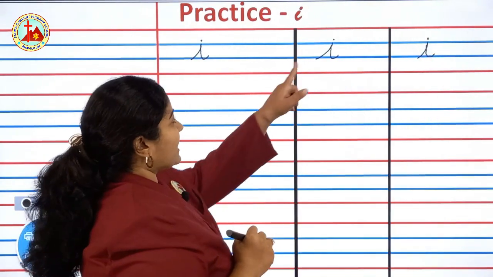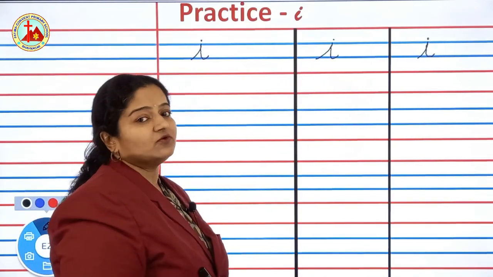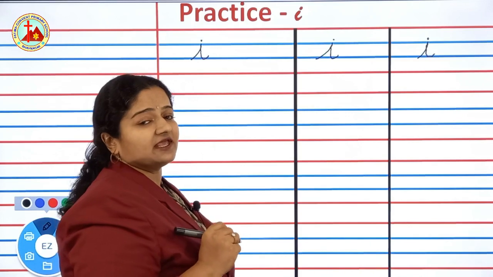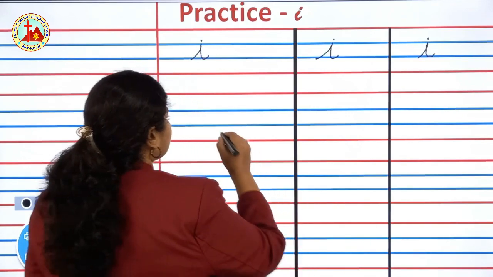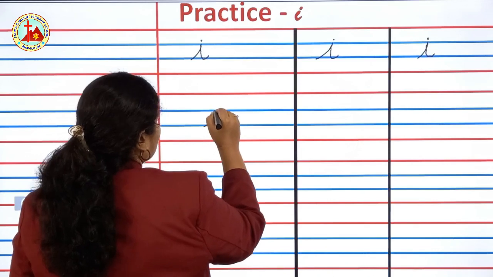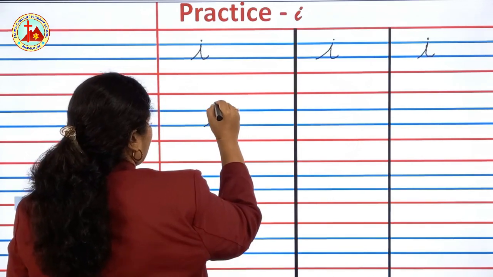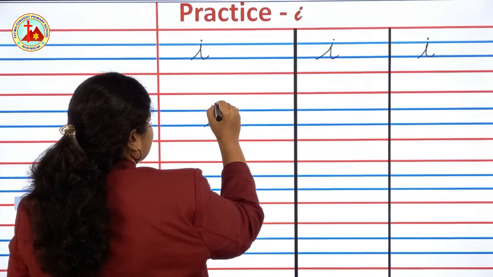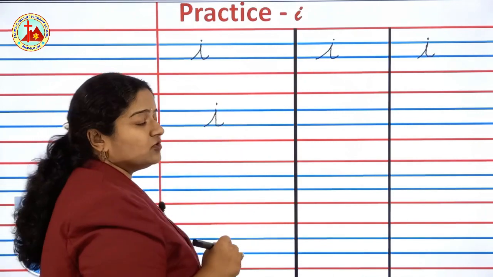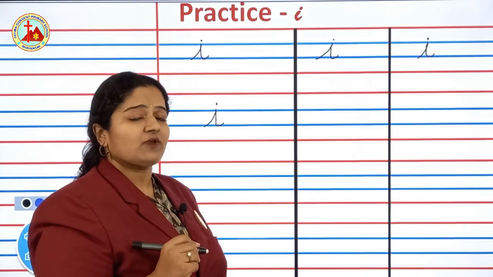See, you have to write in 2 blue lines. Don't go out of the blue lines. Okay, otherwise Miss will mark it wrong. One more time. Down blue line. Go on top. Come down. Put dot. This is I. You don't have to lift your pencil, okay, while writing the cursive letters.